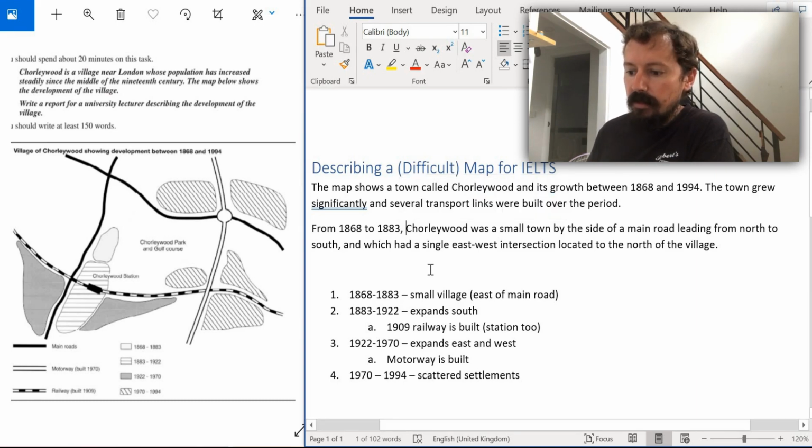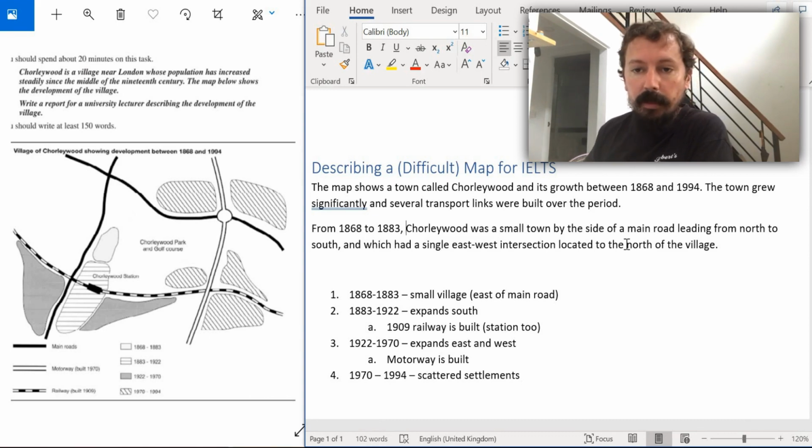And then that introduces my main clause. Charliewood was a small town by the side of a main road leading from north to south. You might be thinking, why north to south and not south to north? There's no reason. We can really say one or the other, but I think north to south sounds more normal.